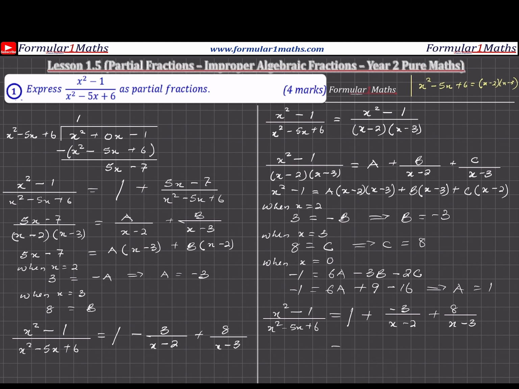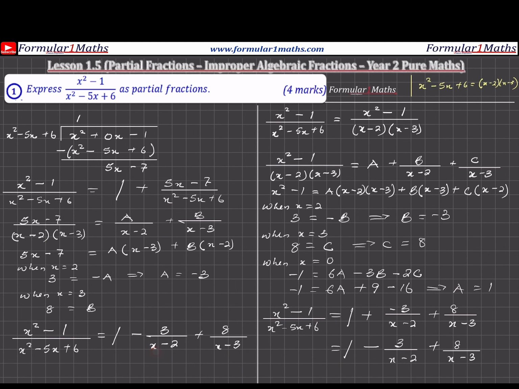I can write this nicely as follows. So 1 minus 3 over x minus 2 plus 8 over x minus 3. And as you can see, we got the same answer as using the polynomial division method over here.